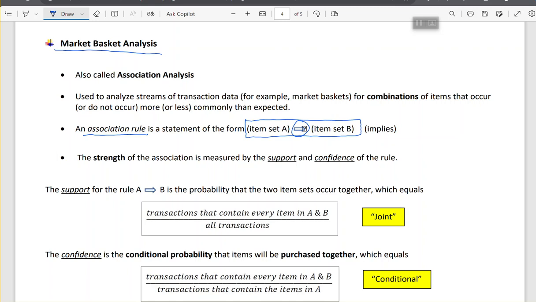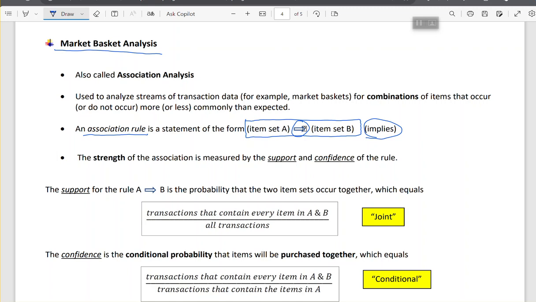If you go buy an iPhone protector, do you want to go and buy an iPhone? It's totally different from if you go and buy an iPhone, would you also go and buy a protector case? So this arrow is only for one direction. It is also called implies, meaning the item set A implies the item set B or not.